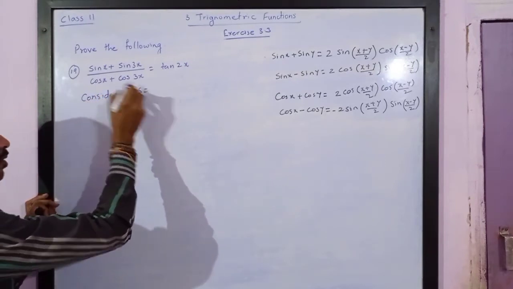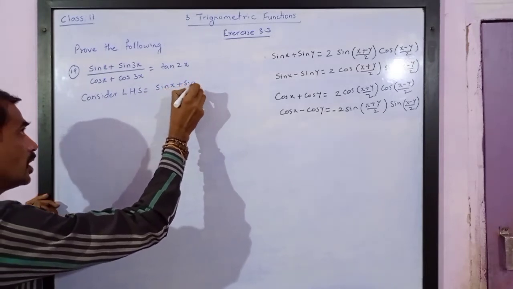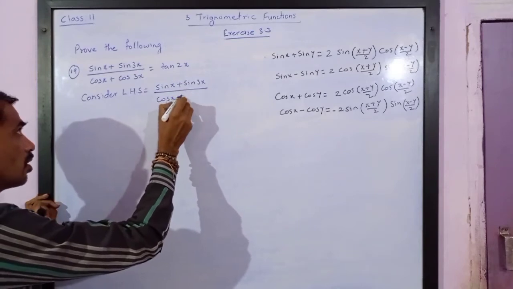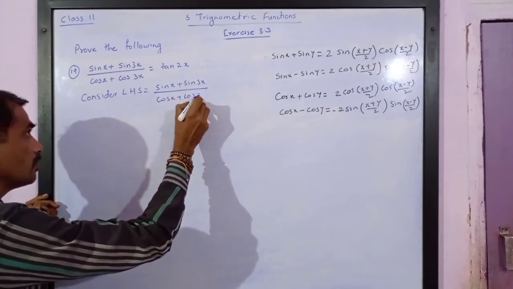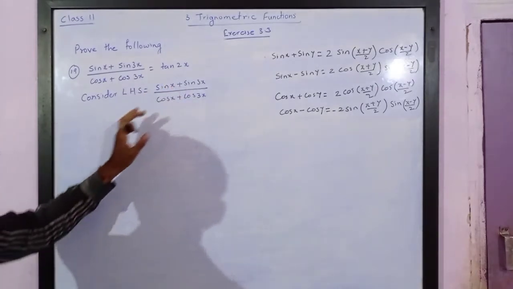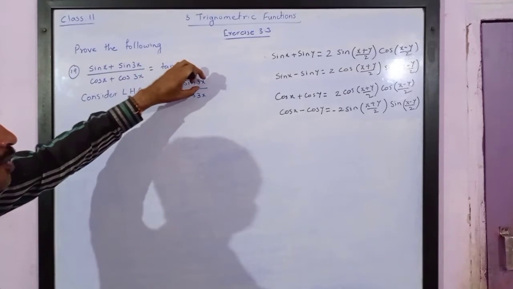Now LHS is equal to sin x plus sin of 3x upon cos x plus cos of 3x. Please look at the question asked. In the numerator we have sin of some angle plus sin of another angle.